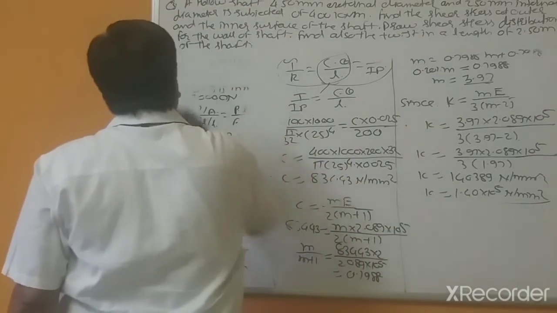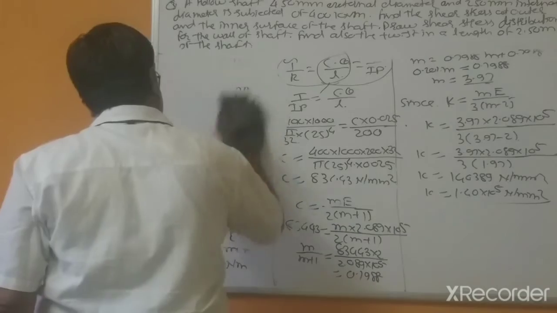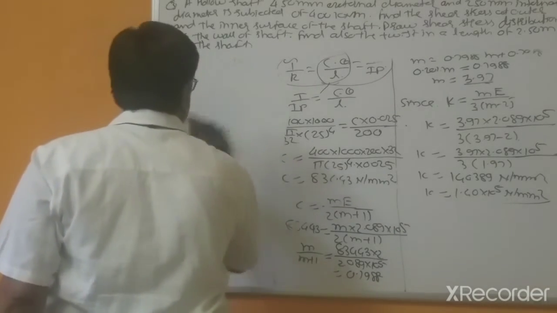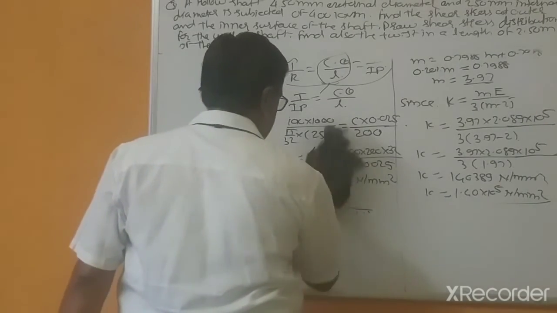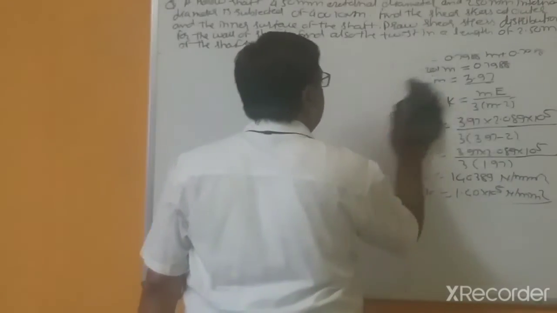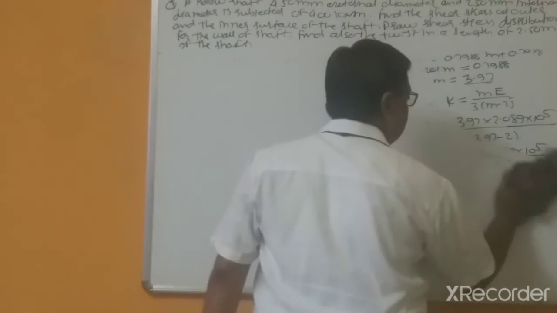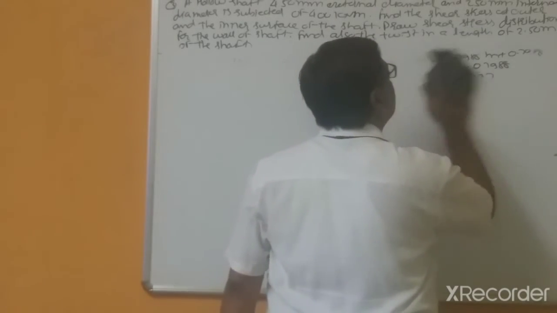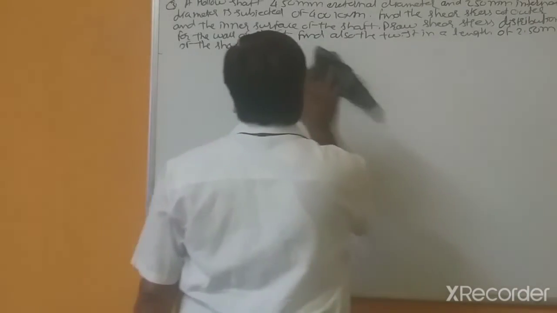So in this case, this is external diameter and internal diameter. So first we will draw the shear stress distribution.